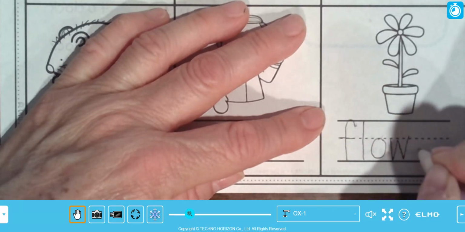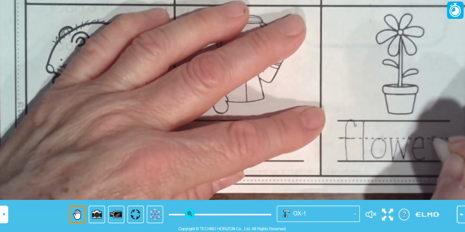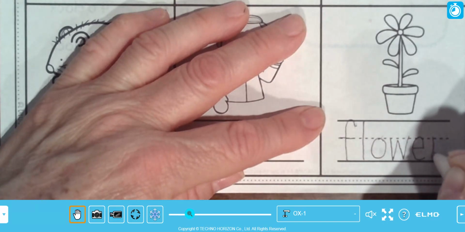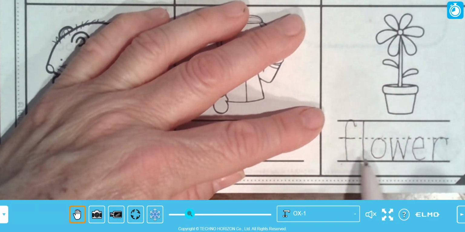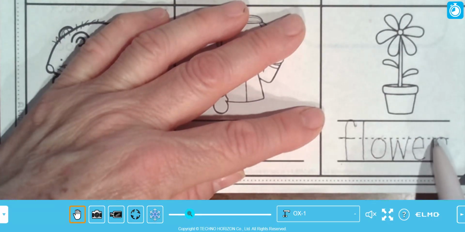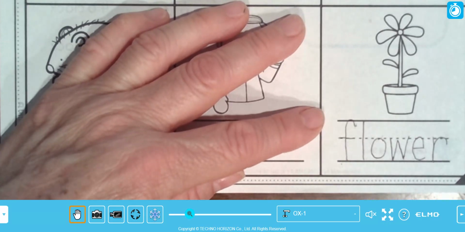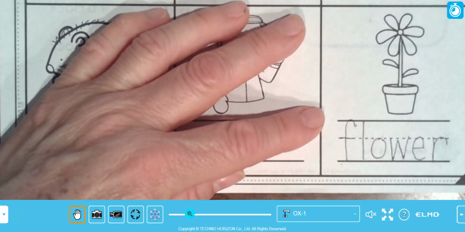Yeah, the ER together. So I'm going to go up to the dash, down to the bottom, start at the dash line, go down to the bottom, stop, go back up to the dash line and turn. So there you go. Ow, er. And while you're writing down the word flower, I'm going to give you a sentence. So, a little flower grew from the garden. Flower.